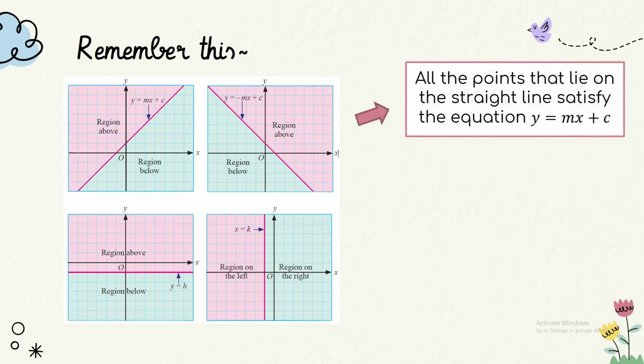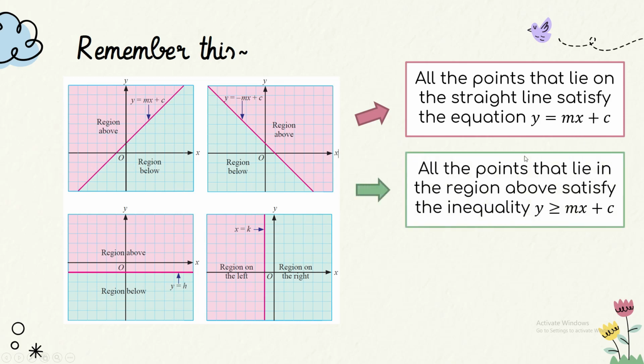Remember this from the last lesson. All the points that lie on a straight line satisfy the equation. If the point lies on this straight line, this red line, it satisfies this equation.